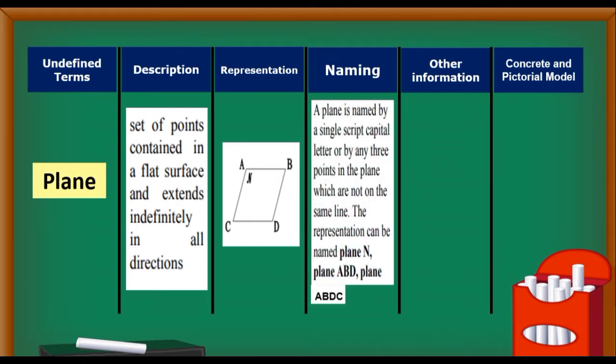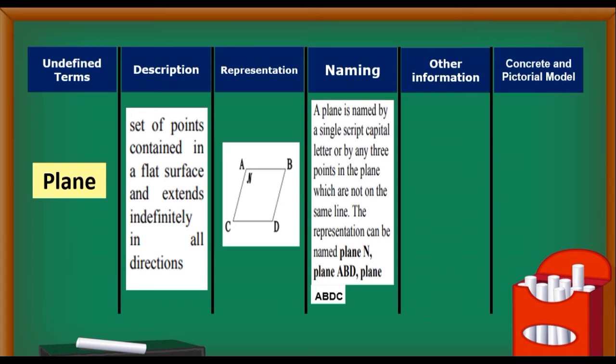So, a plane is named by a single script capital letter or by any 3 points in the plane which are not on the same line, and then the representation can be named by plane N, plane ABD, and plane ABDC. So, tandaan po natin para tayo mag-name kung ang point ay isang capital letter lang po kasi point nga lang yon.